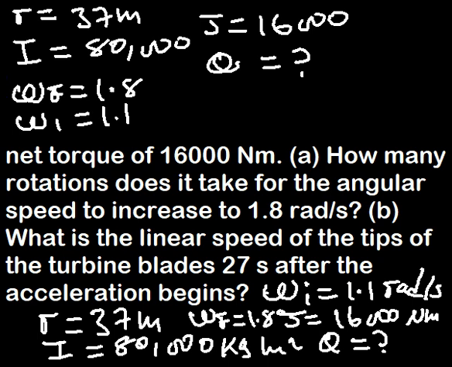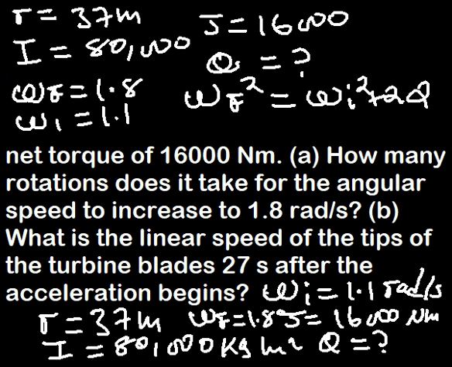Using the equations of rotational kinematics, which formula should we use to get the angular displacement? We use the formula omega squared equals initial omega squared plus 2 times angular acceleration times the angular displacement.